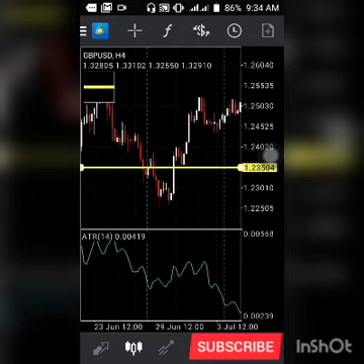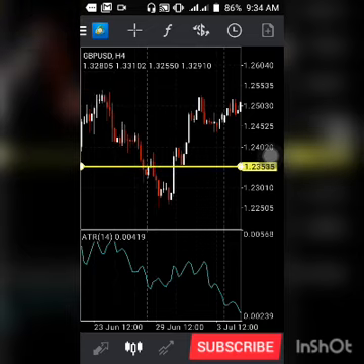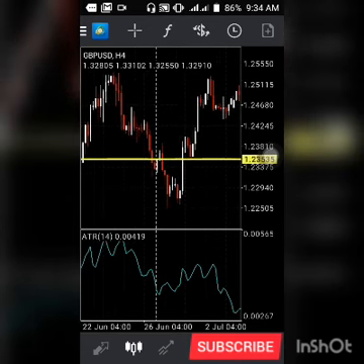Can you see that? Then you wait for 15 candles to be formed for that week before you start looking for your entry point. Make sure it's at the middle of the week.